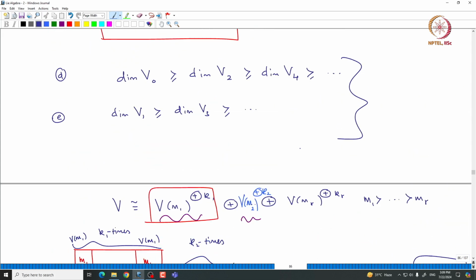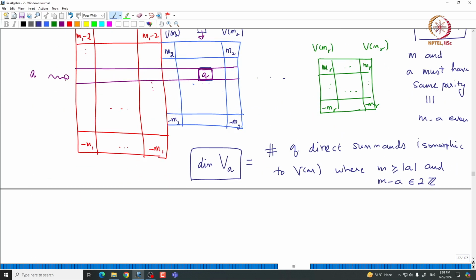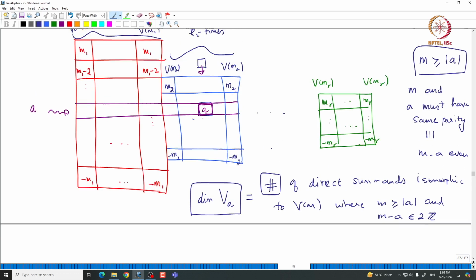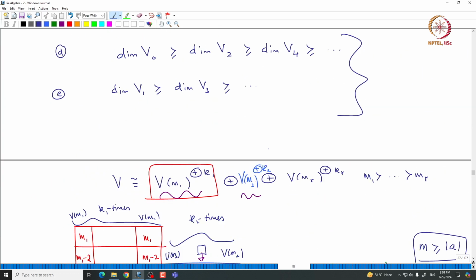Okay. Now, if you go to the dimension of V 2, then that puts the condition that m must be greater than or equal to 2 and m minus 2 is even, that is the same as saying m is even. So, every time you can see that the number of such m's is going down. Okay. So, that actually tells you that the dimension of V 0 is greater than or equal to the dimension of V 2 and so on. Similarly, you can conclude that the dimension of V 1 is greater than or equal to the dimension of V 3 and so on.